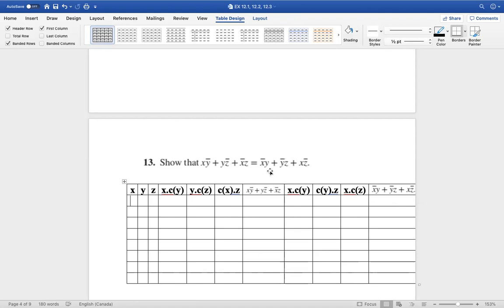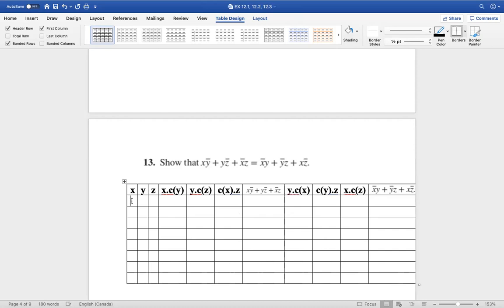We have this whole thing here. We have x, this is y dot x complement. We have y complement z, and then we have x z complement.